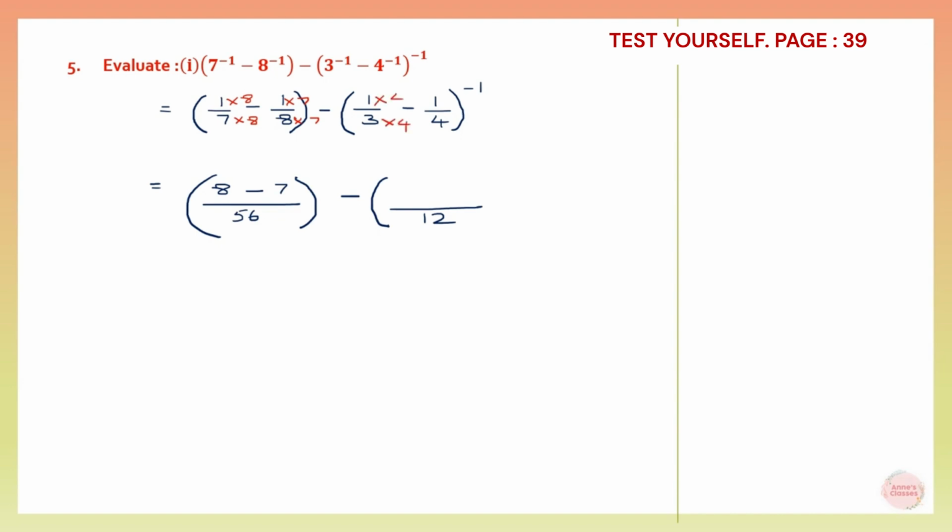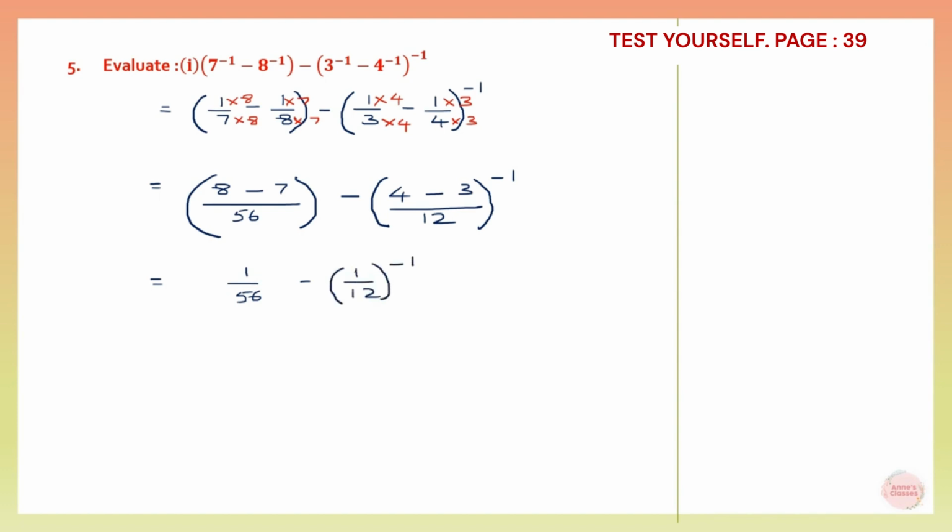So multiply 1 into 4. 1 4s are 4 minus the next one, 4 3s are 12 and this is 1 into 3, 1 3s are 3. And this whole thing is now raised to the power of minus 1. Keep that there. Now this is 8 minus 7 is 1, 1 by 56 minus 4 minus 3 is 1, 1 by 12 and this is raised to a negative power.